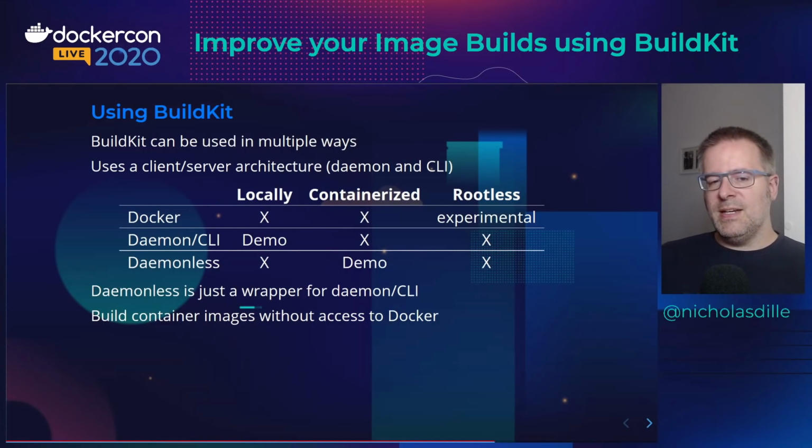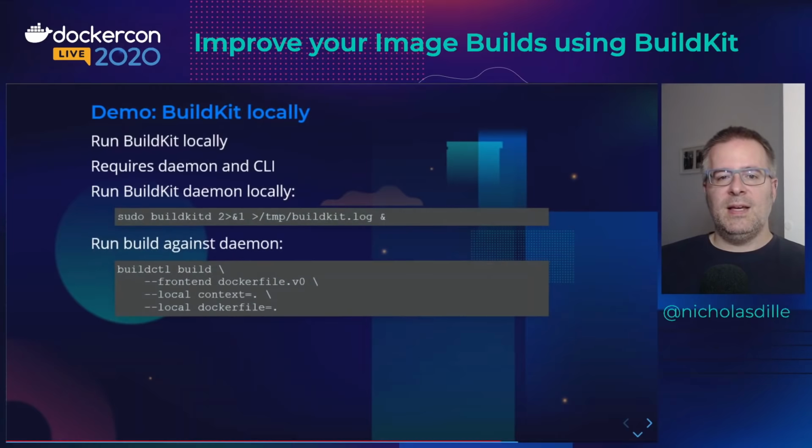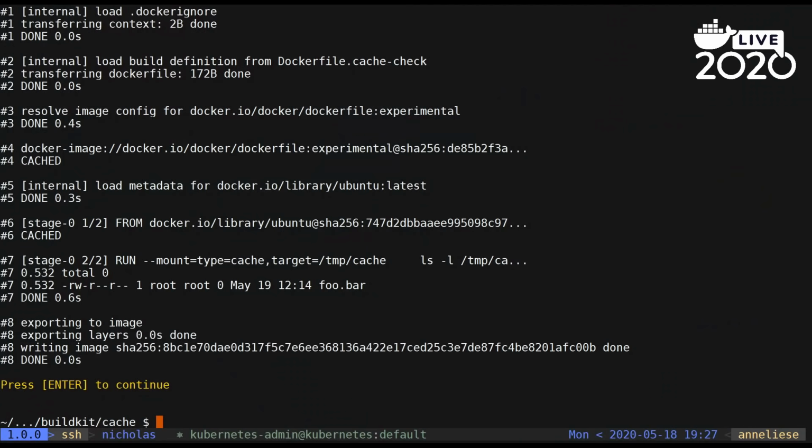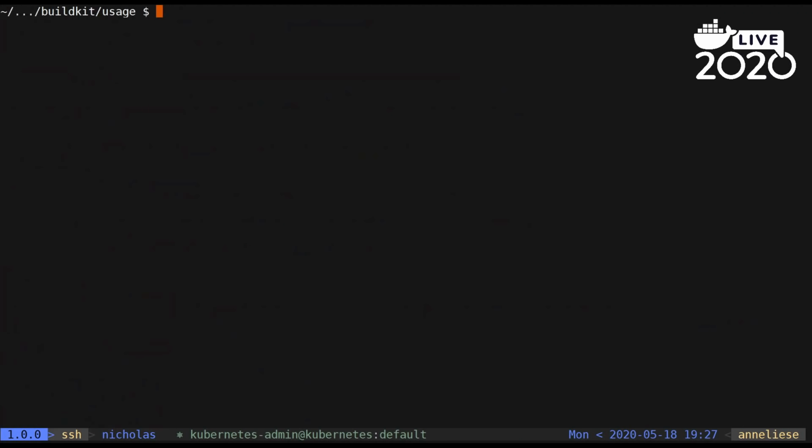The nice thing is that it gives you container image builds without the need of a Docker daemon. So your requirements for building a container image are much lower than your requirements when you use Docker to do this. So let's start off with using BuildKit locally, and we'll switch back to the demo.